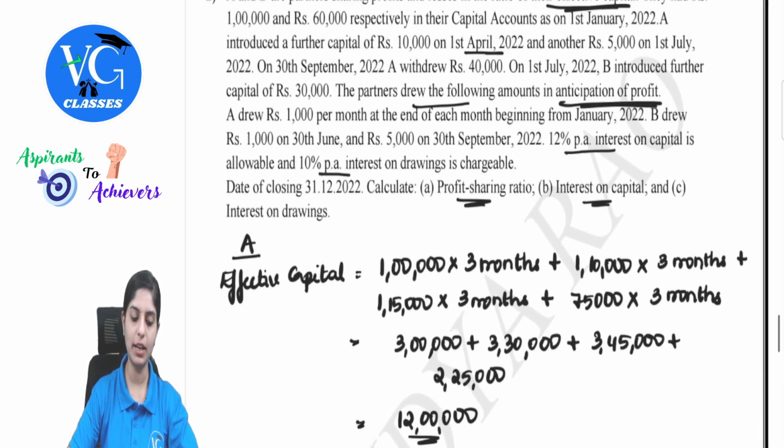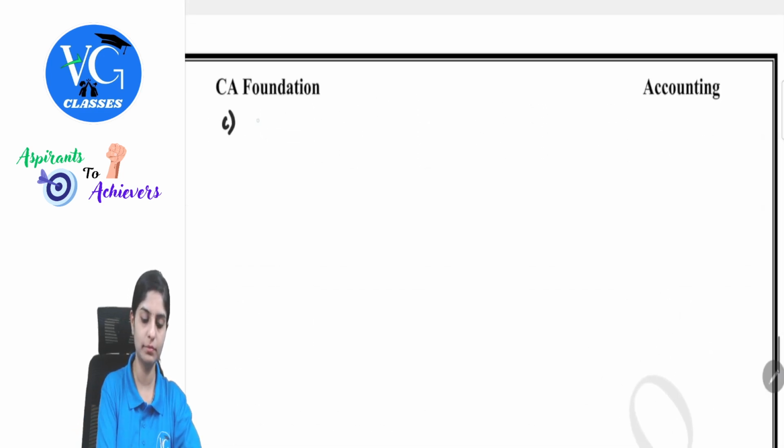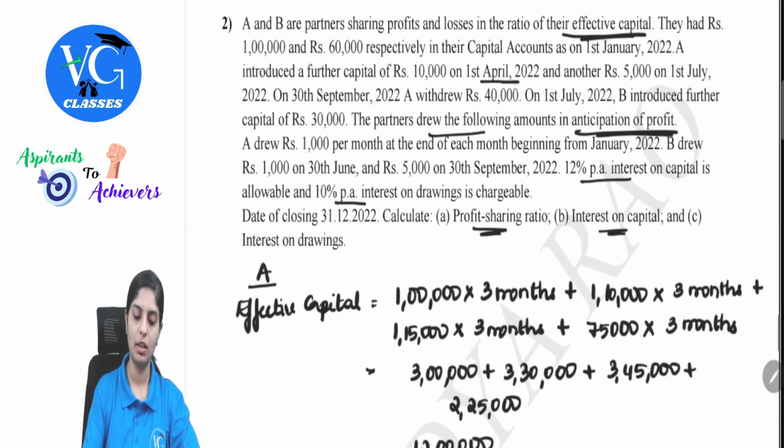And then last they have asked interest on drawings. For this, have they mentioned any method in the question? What have they given? A drew 1,000 per month at the end of each month beginning from Jan.